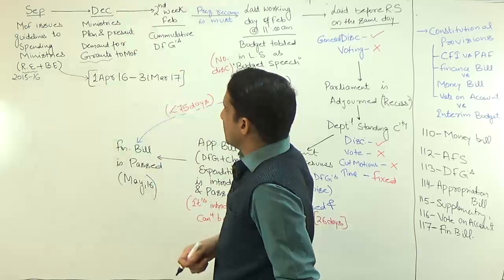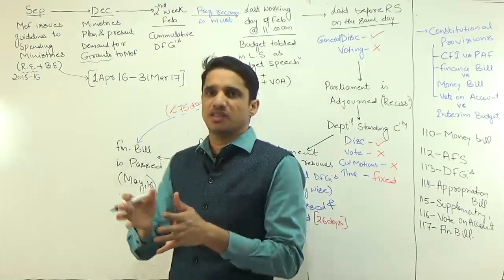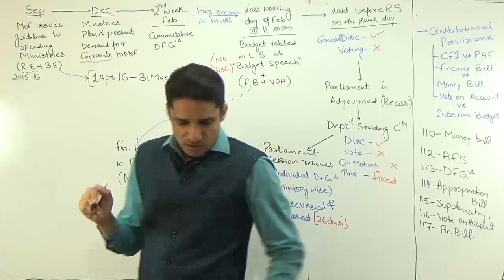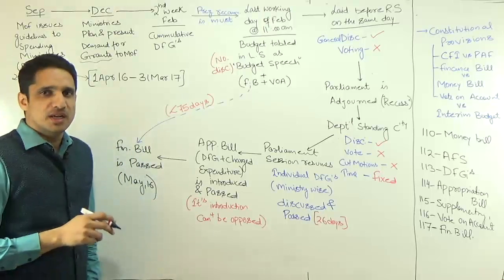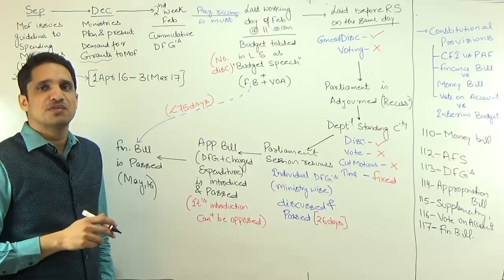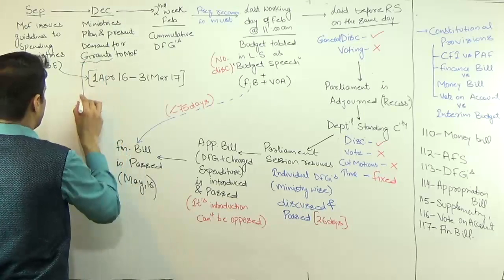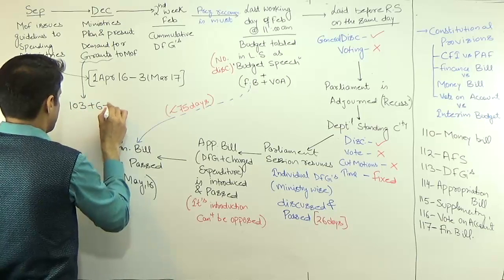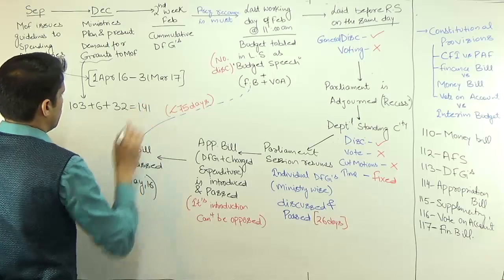Within these 2 or 3 months, by December, these ministries will plan and present their demand for grants to the Ministry of Finance. We have roughly 54-55 ministries, but that does not mean we have 54-55 demands for grants. The number of demands for grants is 103 plus 6 plus 32, which makes 141.